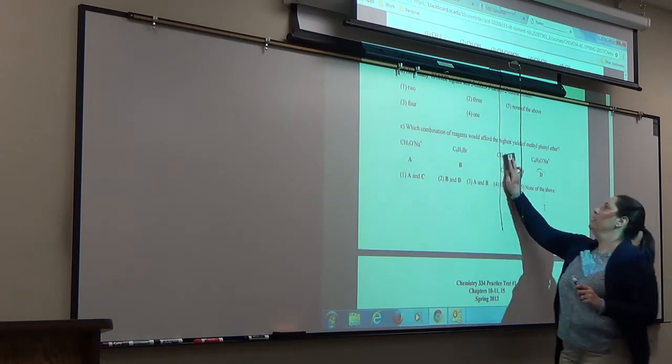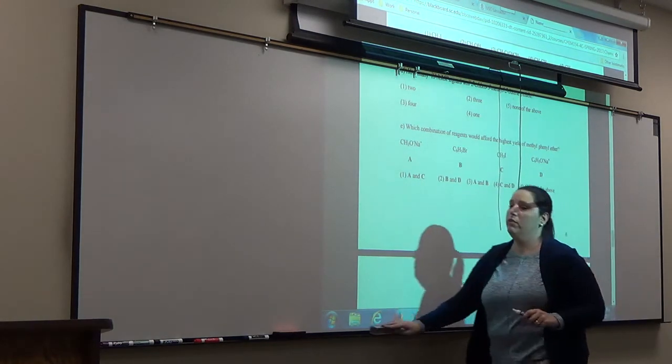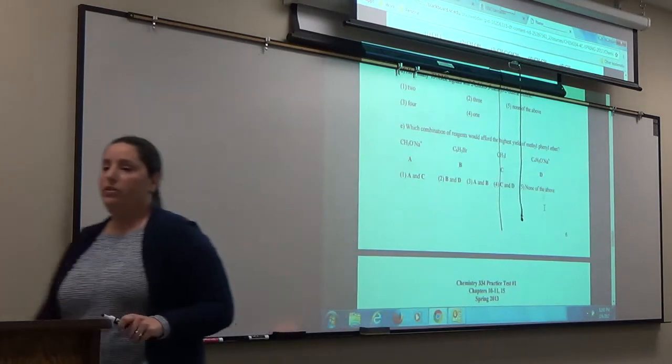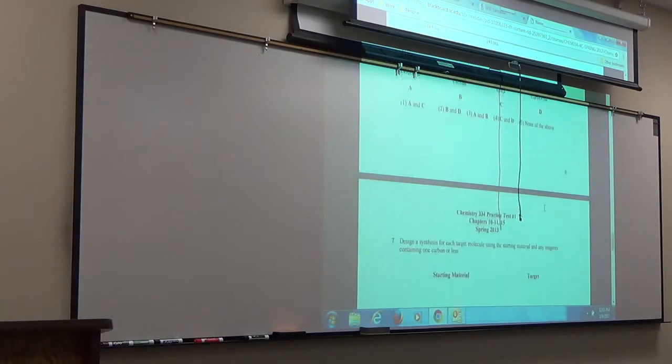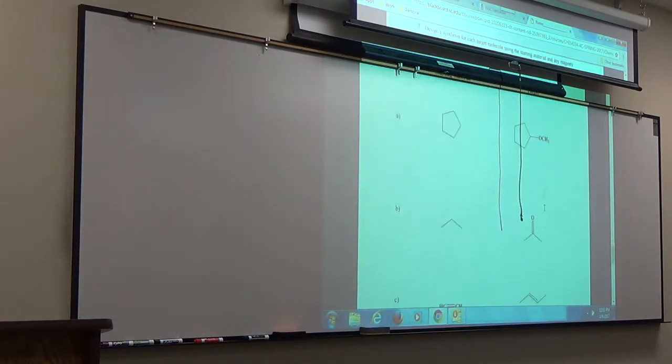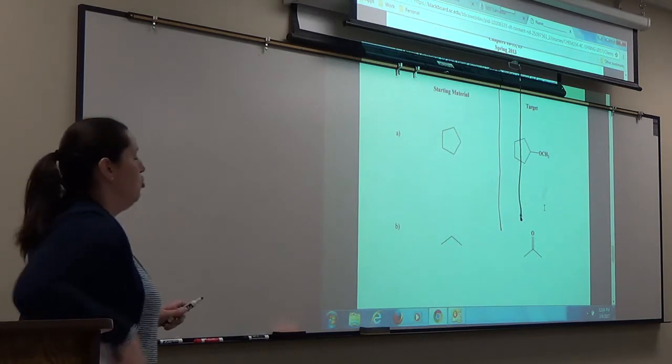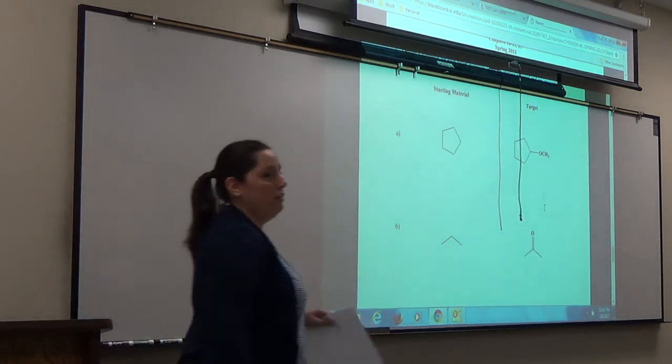Last 2 questions are synthesis questions. So you're given the starting material and asked to give the reagents to give the specific product there. Right, so starting materials, product. So what should I do with A? Add a chlorine. What is the only thing I can do with an alkane?